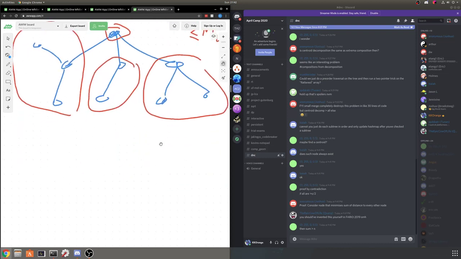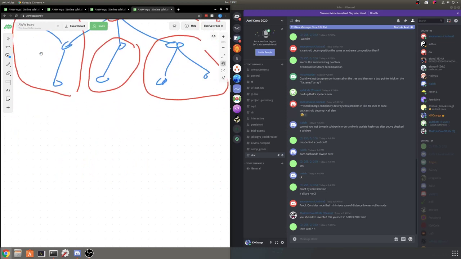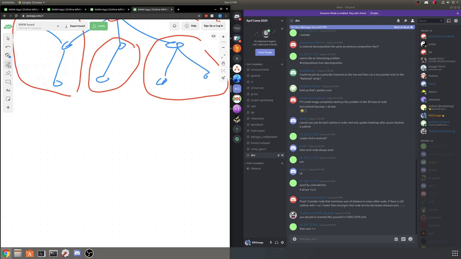There's a couple of different approaches that I know of. I'm not sure which one is best to use, but the simplest one is to just go through all of the nodes and figure out which one is the centroid.